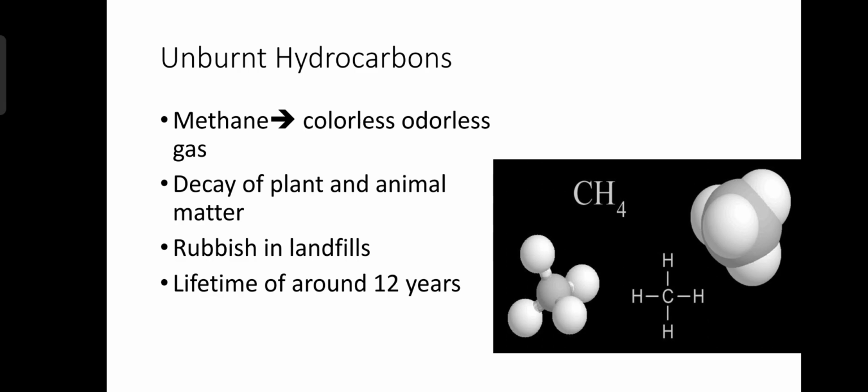Next is unburnt hydrocarbons. Hydrocarbons are released in car exhaust fumes and chemical plants. Chemical plants are those where chemical reactions are carried out to form chemical products. Methane is a colorless and odorless gas which is produced when plant and animal matter decay.